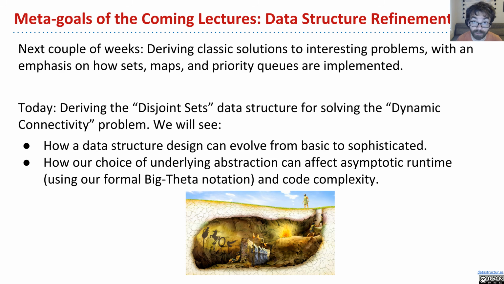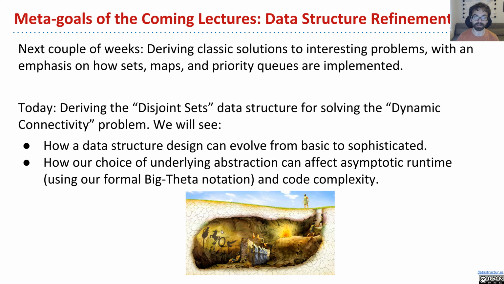Now, the reason we're going to do this today is we're going to see how a basic data structure design can evolve from relatively basic, slow performance, up to a more sophisticated, much better performance implementation. We will also see how our choice of the underlying abstraction that we're using in our data structure can make a really big difference in how our code complexity expands and also the performance of our data structure.